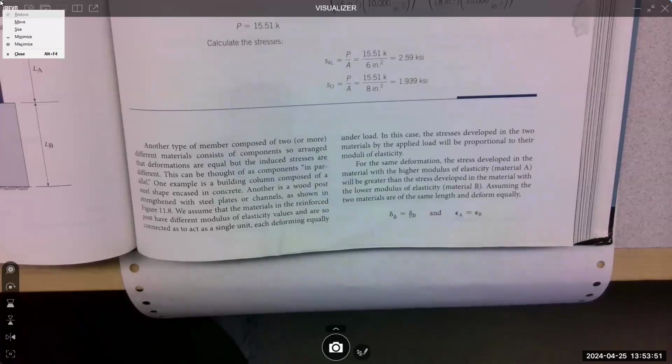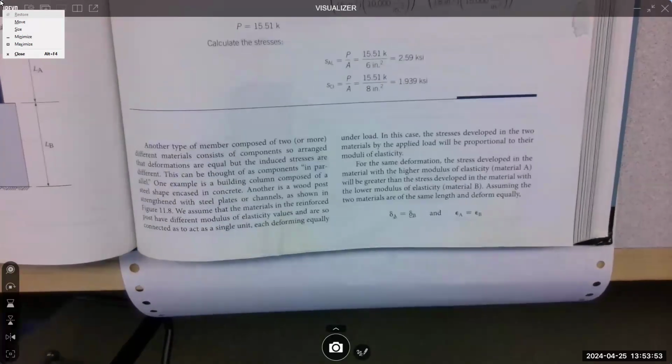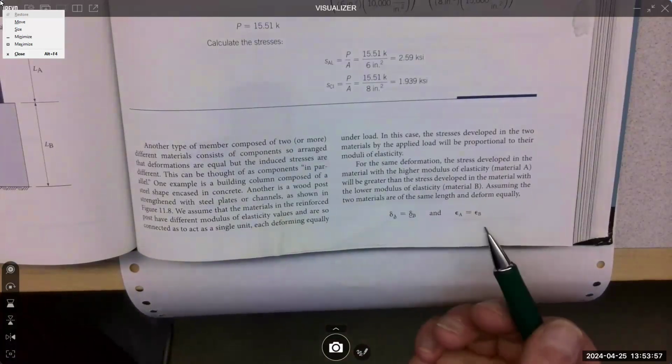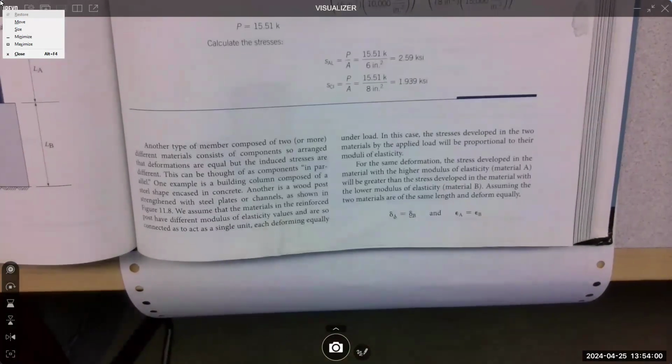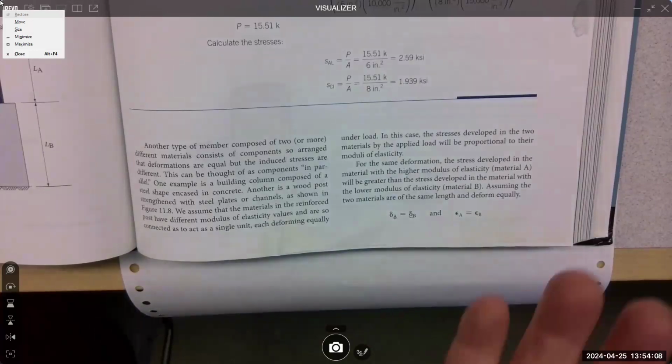So then anytime you have original length and then change, you have strain. So then they said, oh, the two strains are equal to each other also. Well, that's obvious if you think about the formulas, right? Original length was the same, and now the deformation is the same, so the strain's the same.